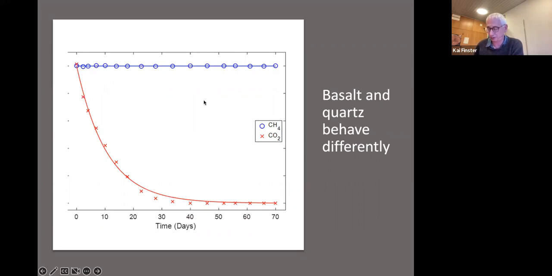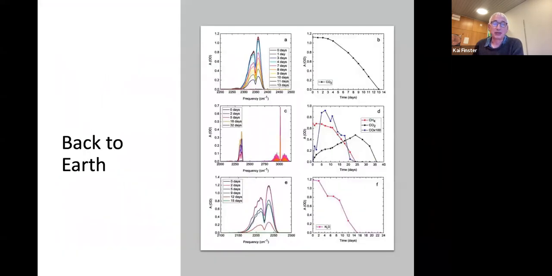These are data that have not been published, and you are the first to see that. We did an experiment, so we went back to Earth. We were interested in seeing what would happen if we had an Earth atmosphere rather than a Martian atmosphere. And there we saw that in an Earth atmosphere, CO2, methane, and nitrous oxide are consumed during our erosion experiments.